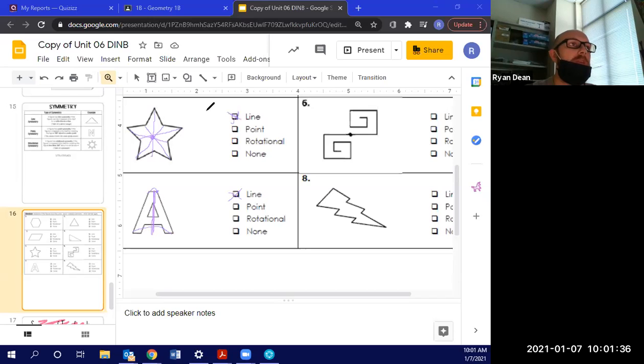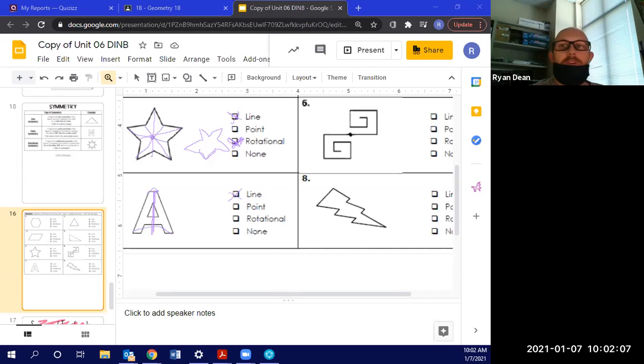If you flip it upside down, the star's point would look something like this. So it's not going to have point symmetry, but if I rotate it a little bit less or a little bit more than 180 degrees, I will have rotational.